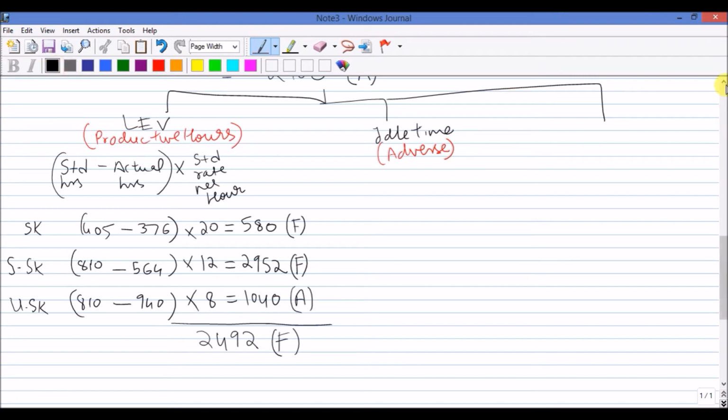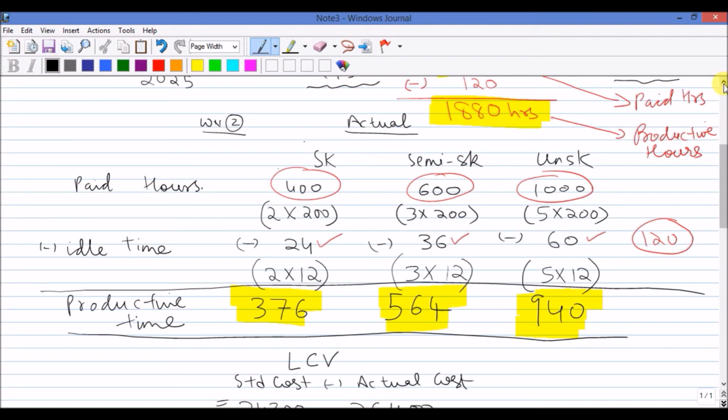So yes, we are going to find the idle time variance. How much is the idle time? 24, 36 and 60.